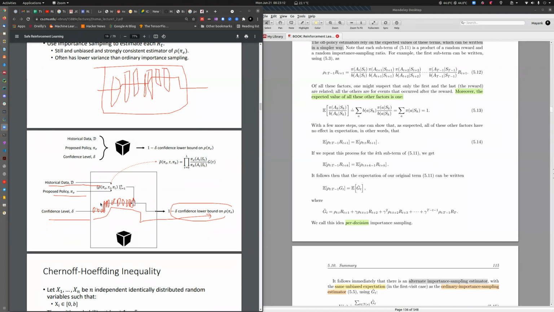As you can see, if I try to change the variance here, that's the difference, the per decision one as opposed to the ordinary importance sampling.